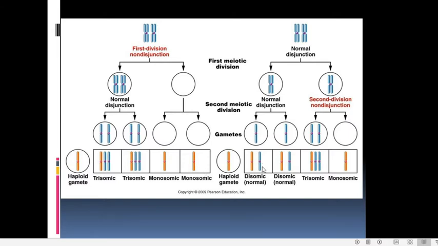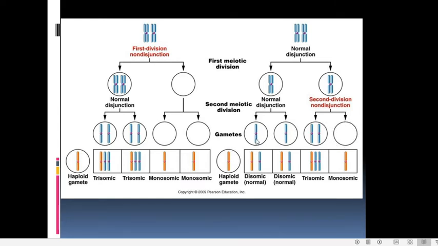Now we come to this case. This is normal. This starts from a cell which is having 46 chromosomes. When it divides into two daughter cells, this daughter cell will be having 23 and this daughter cell will also be having 23. When this undergoes disjunction in the second stage, this will be having 23, this will be having 23, but this gamete will be having 24 and this gamete will be having 22 chromosomes.